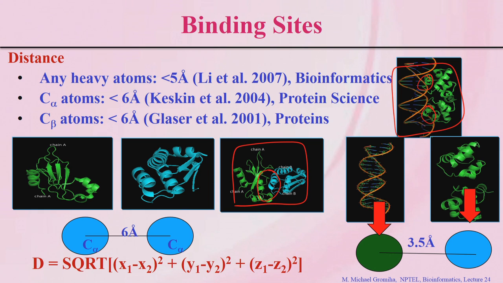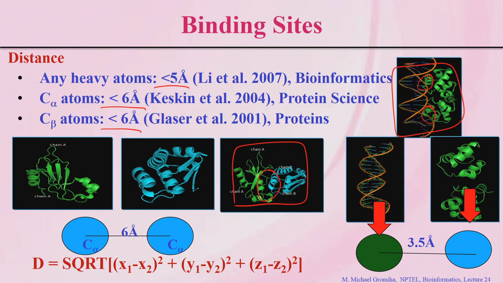Based on that we define the distance between these two atoms. For example, if you take the C alpha atoms, generally they use a distance of about 6 angstrom. In the case of C beta atoms, here also 6 angstrom is used, and for any heavy atoms it depends upon the type of the complex; you can change the distance. For example, let us say 5 angstrom for any heavy atoms.